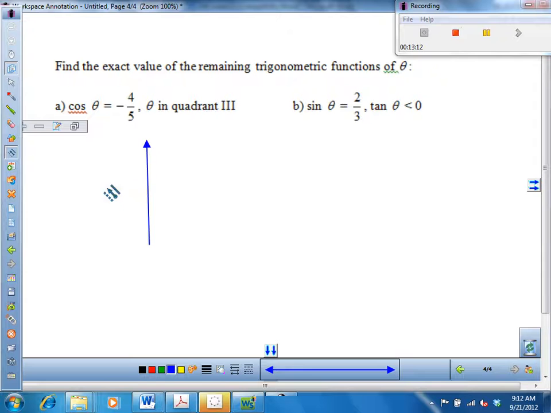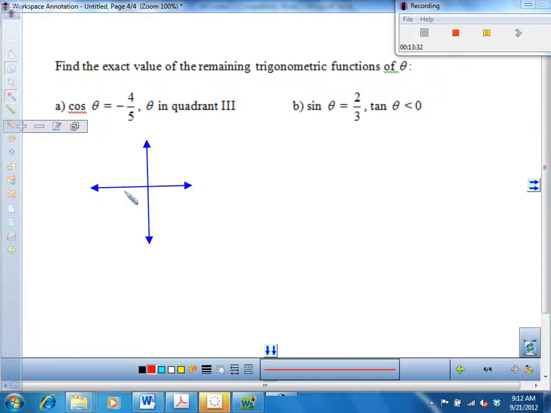So the way you do these problems is you say, okay, which quadrant am I in? Cosine is negative. Oh, it says in quadrant 3, so I just draw a picture of it, right? So I draw a picture in quadrant 3. I want my arrow tool, okay?